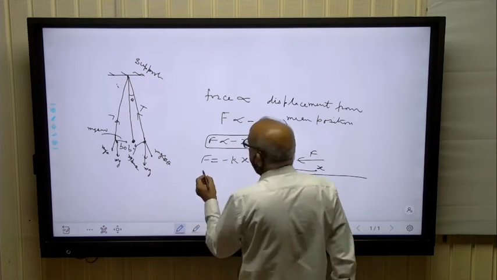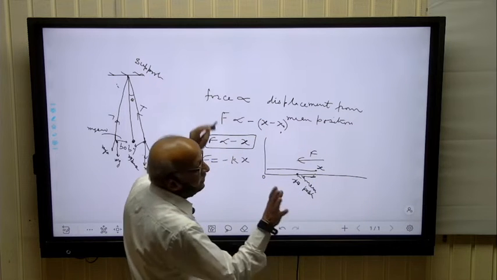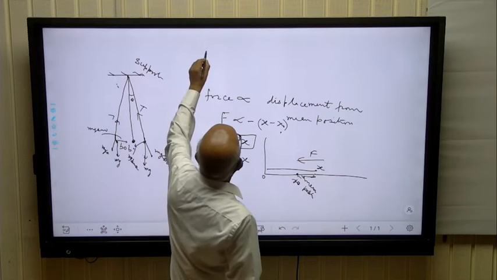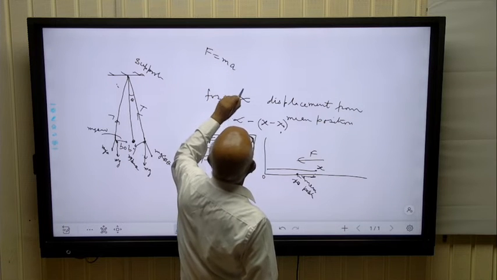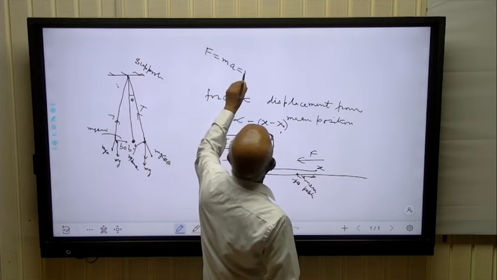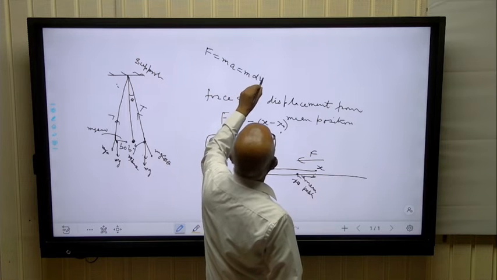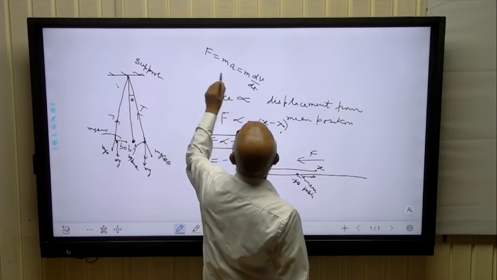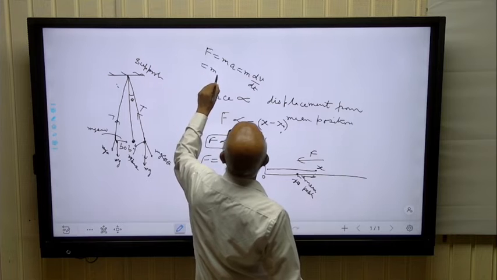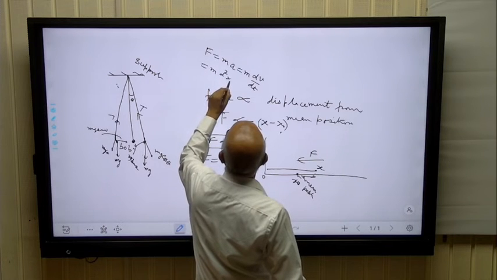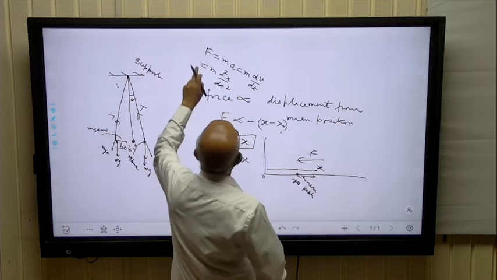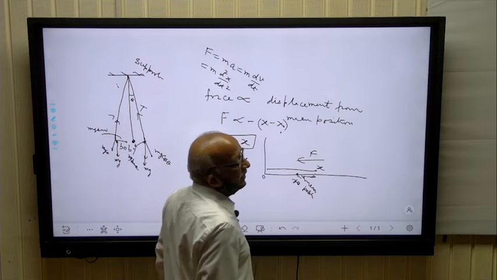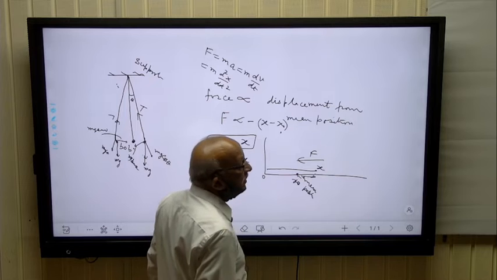Okay. Now, from the equation of motion, F is equal to ma, and this can be written as m dv by dt, and further as m d2x by dt square. This is the motion equation.